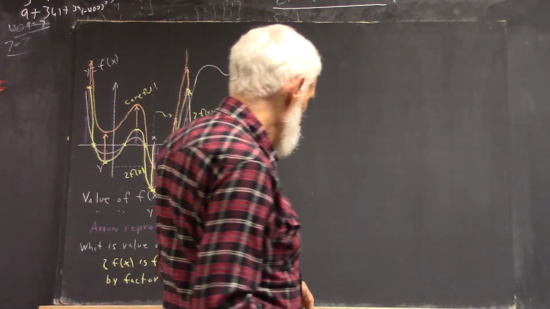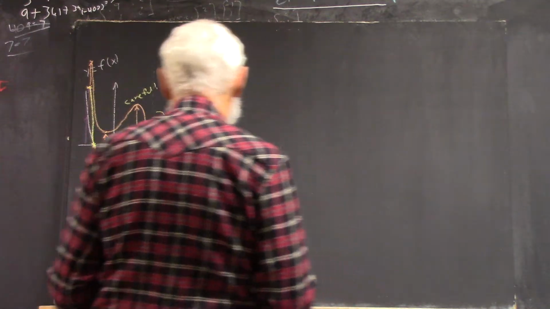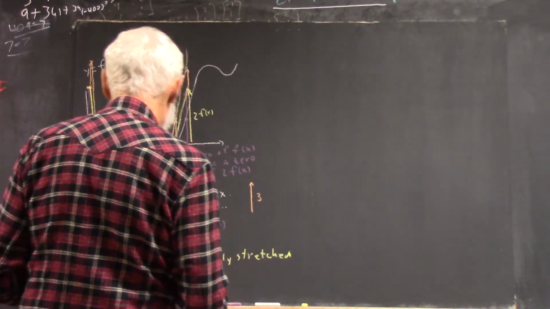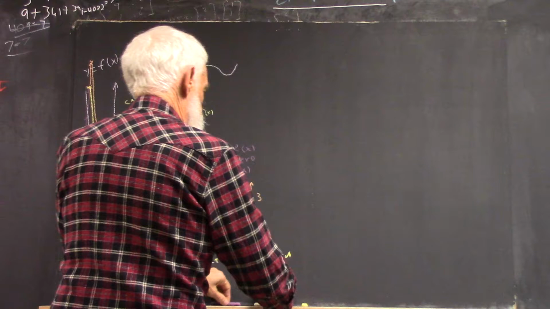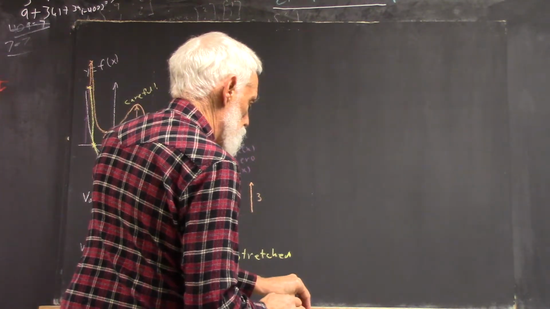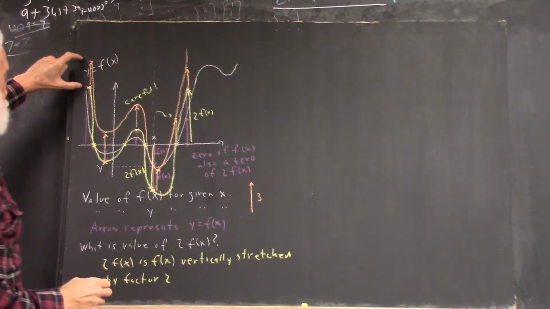Now there's another transformation I can do. But what I have for the orange graph is that y values have been increased by 3.